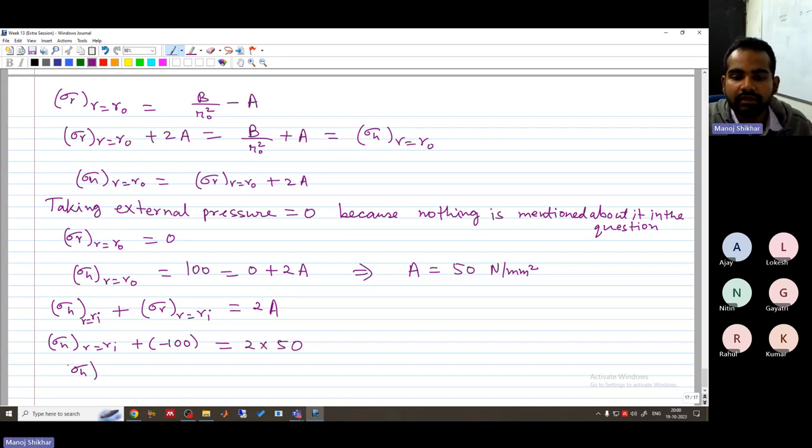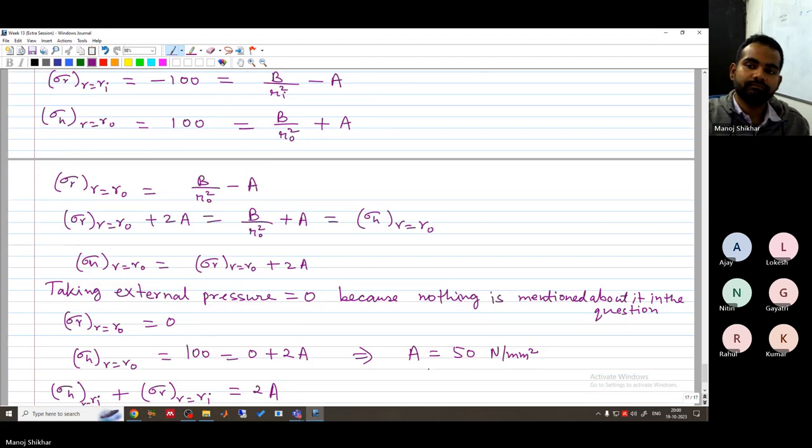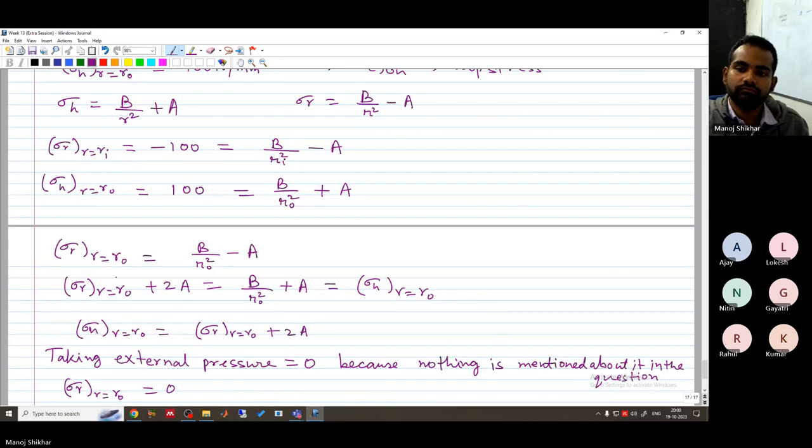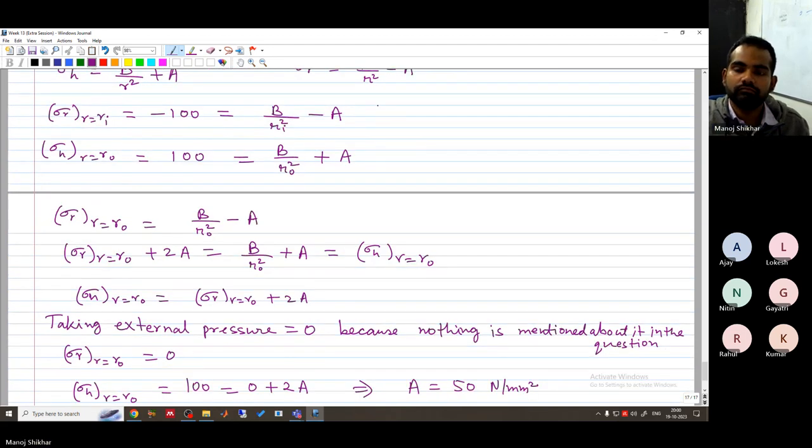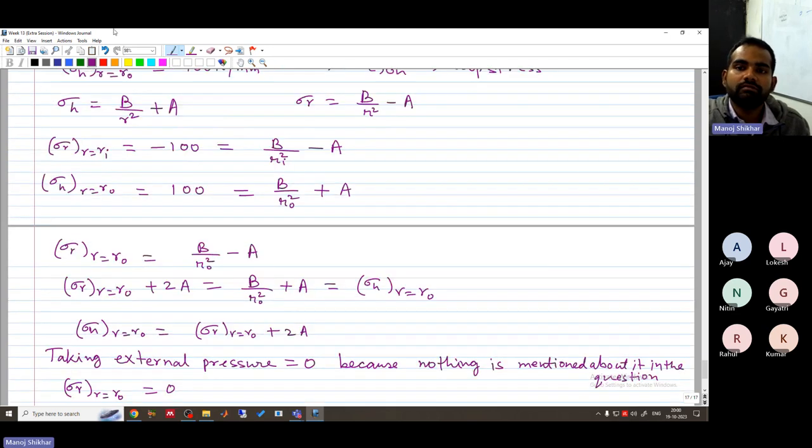So sigma h at r equal to ri is 100 plus 100, 200 Newton per mm square. Okay, so I think I made a mistake here. Let's correct it. So here minus b by ri will be there.